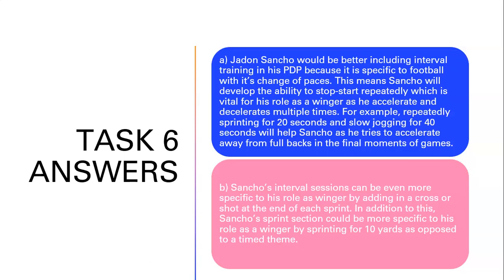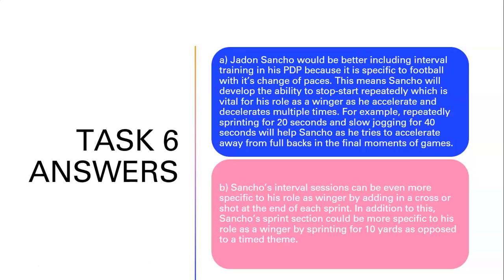This means Sancho will develop the ability to stop-start repeatedly, which is vital for his role as a winger as he can accelerate and decelerate multiple times. Again, the effect shows the lock fit in the key, because by doing interval training and changing the pace, it ties into his role as a winger, where he needs to accelerate and decelerate multiple times.